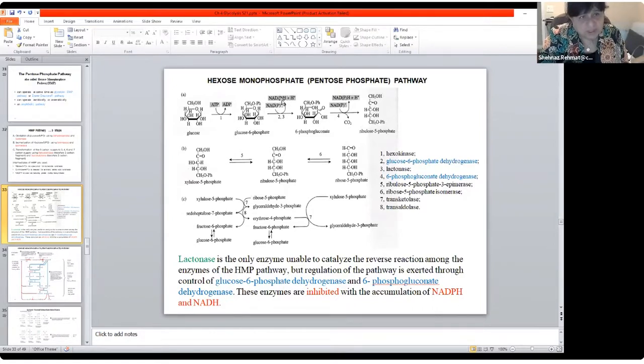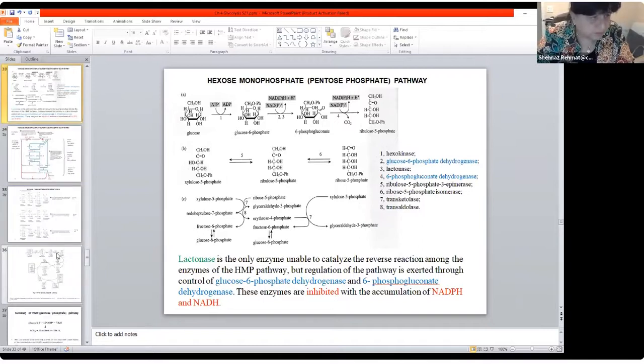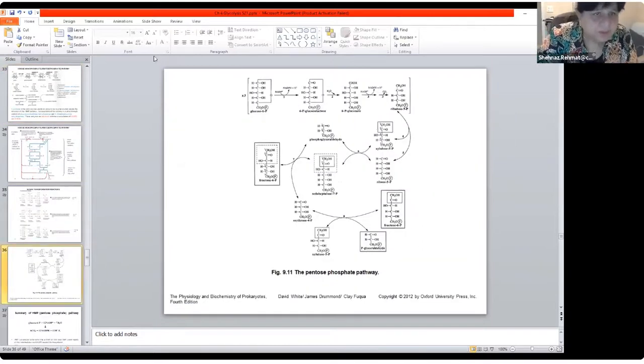So negative regulation with accumulation of this is also another way of controlling, even though lactonase is the enzyme that is non-reversible. Oh, here it is, probably. So here we're showing it in an easier way. If you want to look at it or not, it doesn't matter.